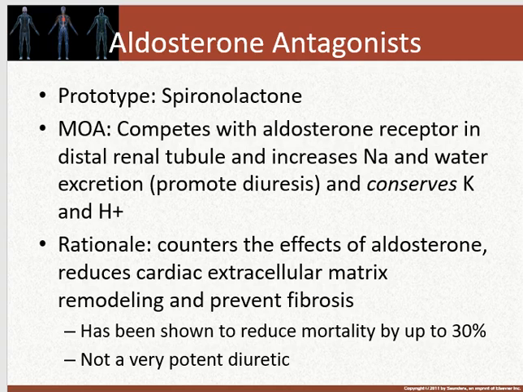They've been shown to reduce mortality by up to 30%. Although they are technically a diuretic, they're not a very potent diuretic. There's not a lot of volume lost in terms of water with these. This is more of a mechanistic approach to a small amount of diuresis, but a robust conservation of potassium.